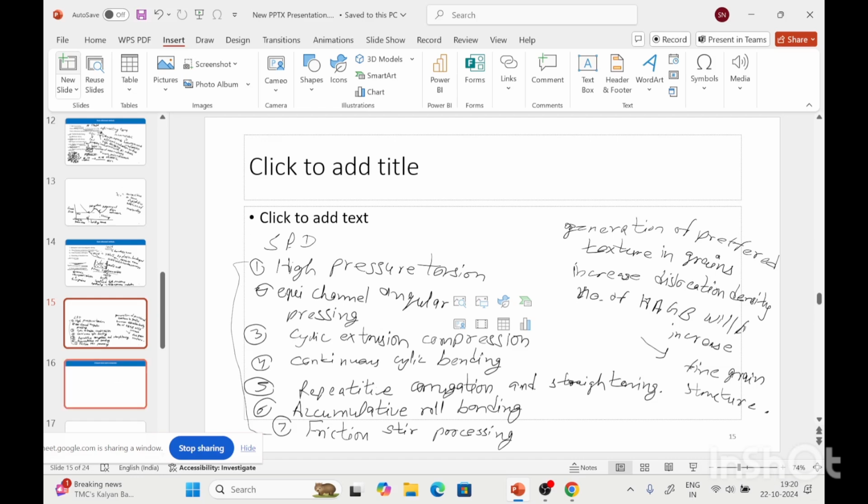This is all the grain refinement mechanisms, or grain refinement methods, in the aluminum alloys.